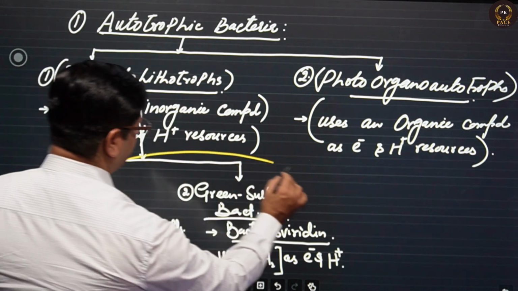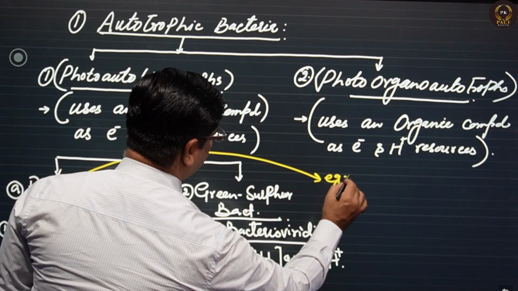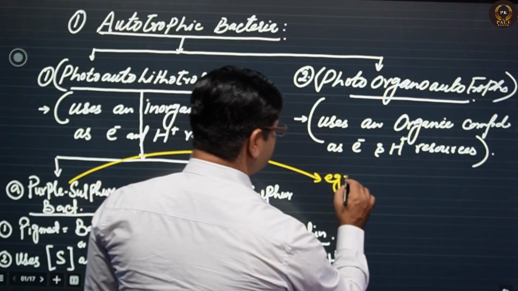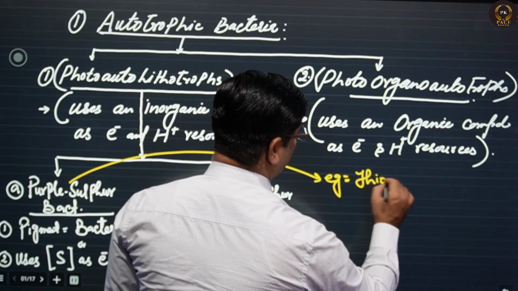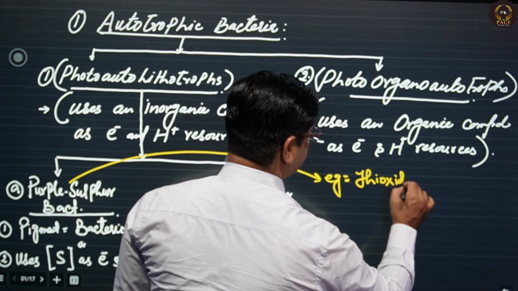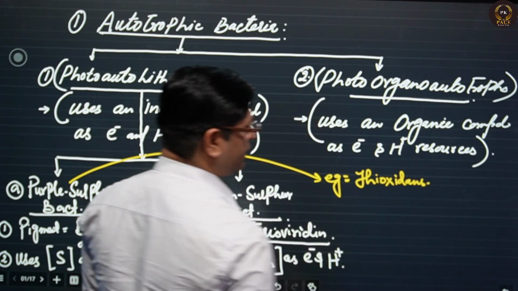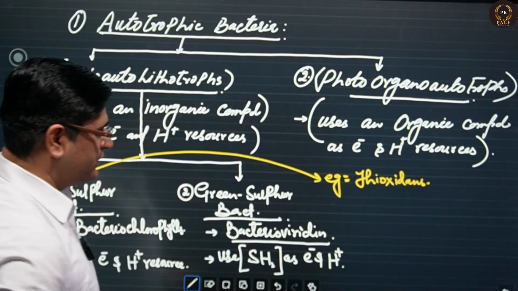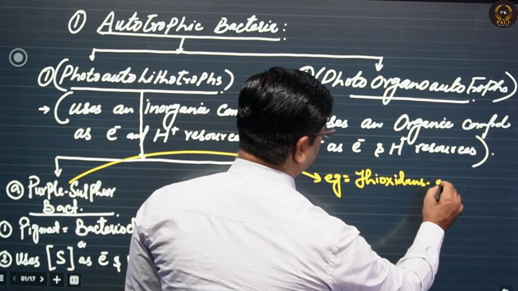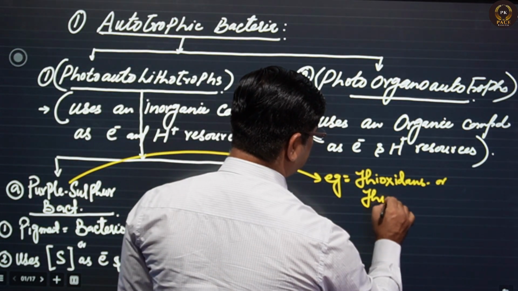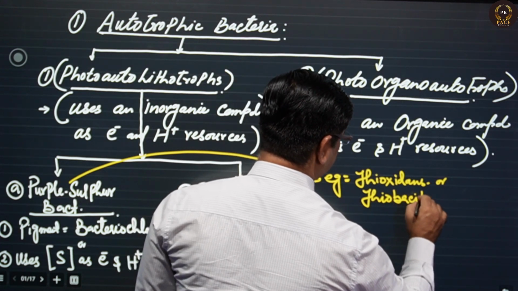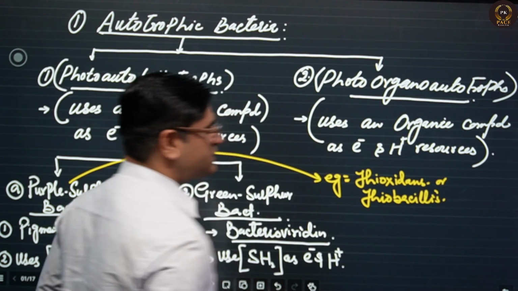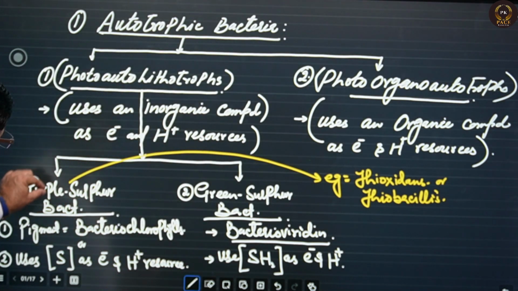Purple sulfur bacteria, for example, like Thiobacillus thiooxidans. These are some of the examples of purple sulfur bacteria.